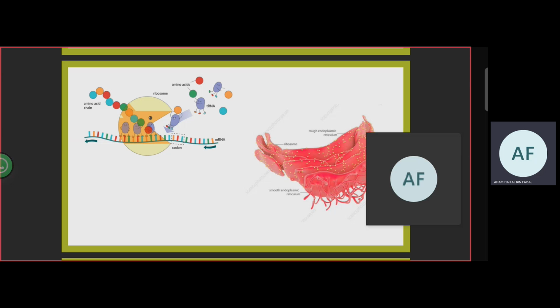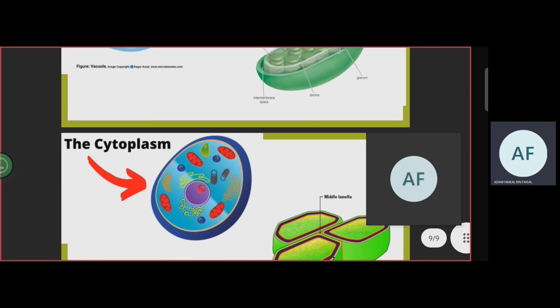The function is as a transport system within the cell, providing a wide surface for enzyme attachment and biochemical reactions. The rough endoplasmic reticulum transports protein synthesized by ribosomes. The smooth endoplasmic reticulum synthesizes and transports glycerol and lipids and carries out the detoxification of drugs and metabolic byproducts.